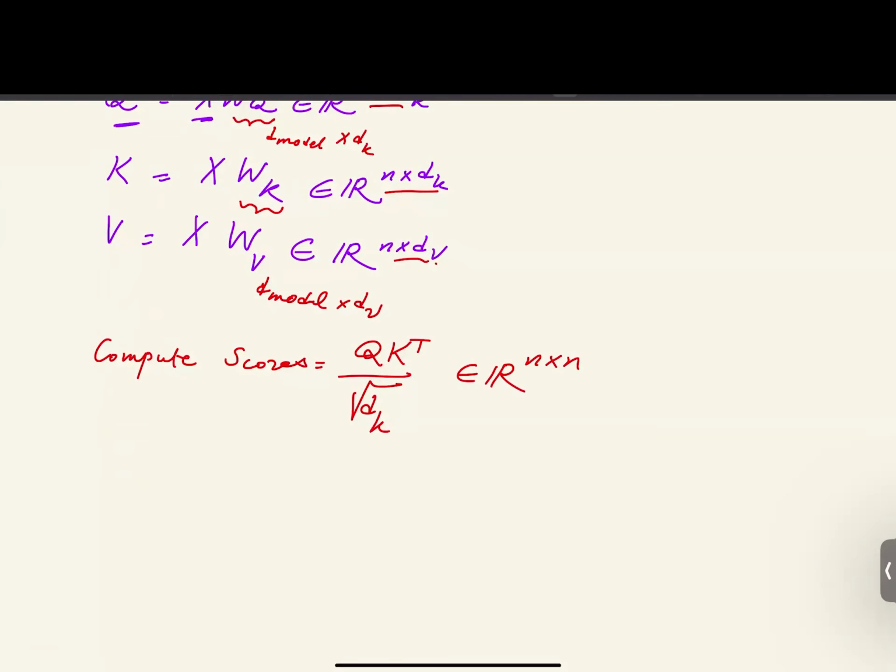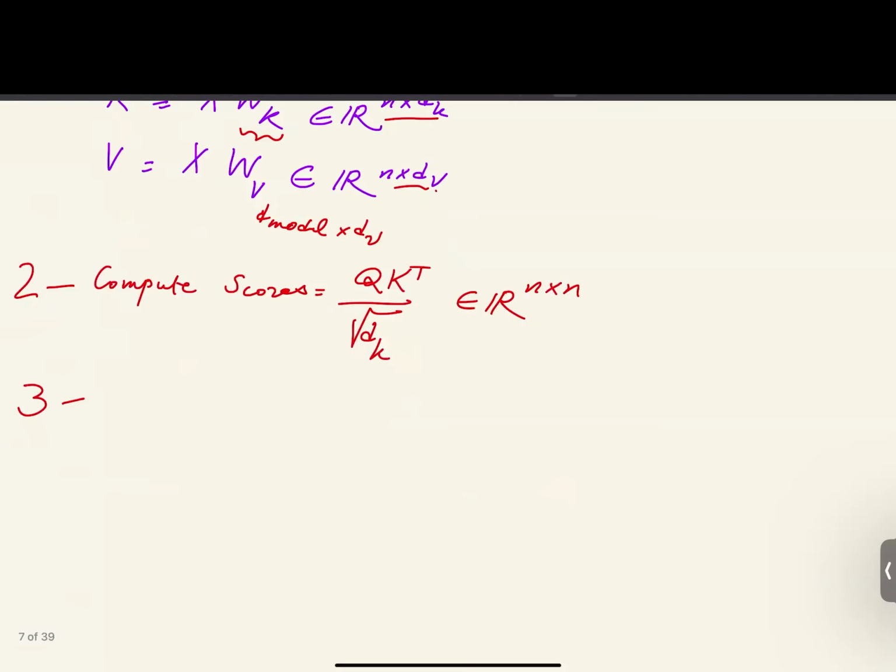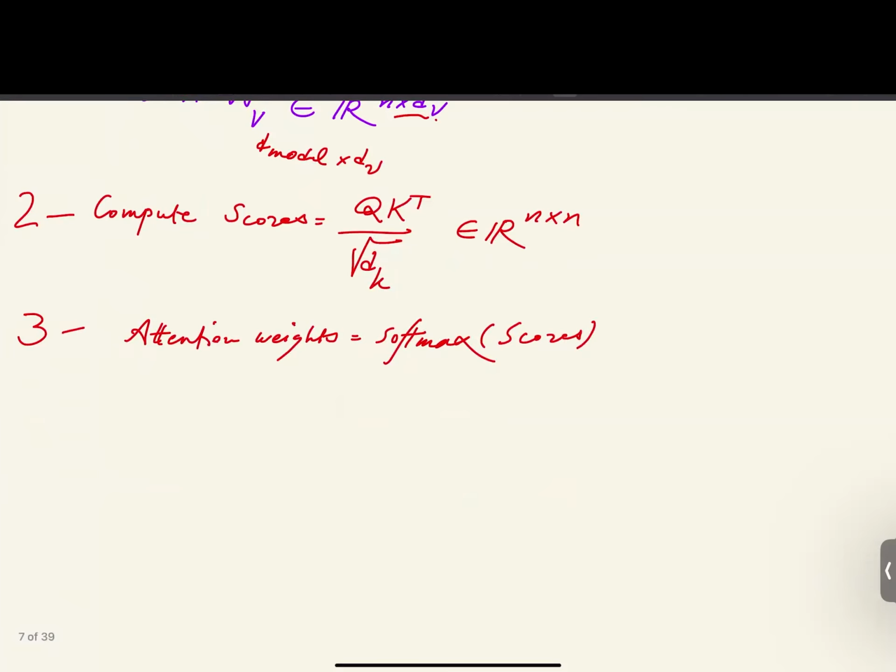And then we apply the softmax. So if this is step 1, 2, 3, here we apply softmax to get attention weights, which is the same size, and each row sums to 1, giving a probability distribution over positions to attend to.